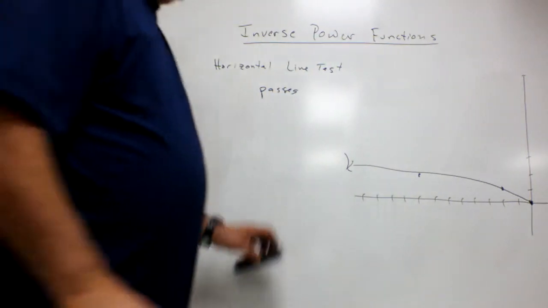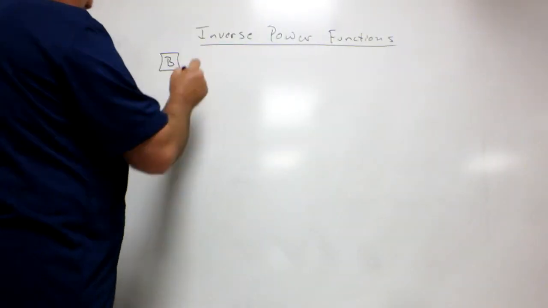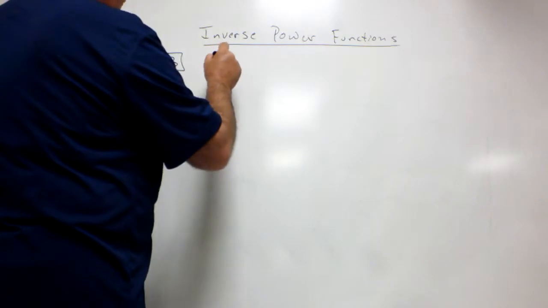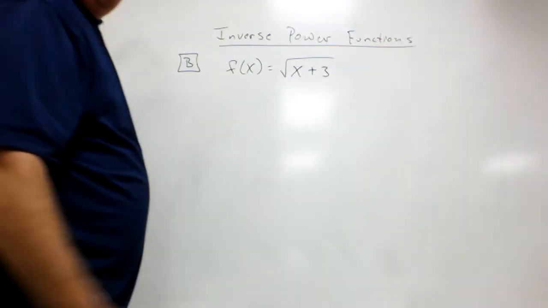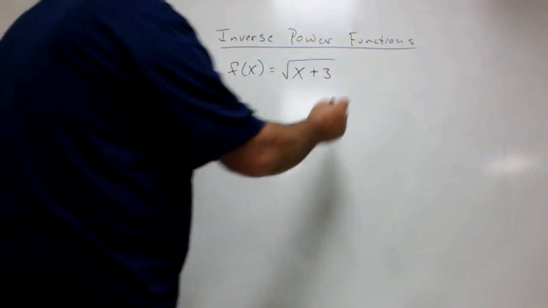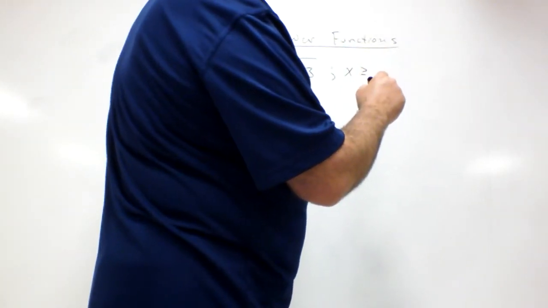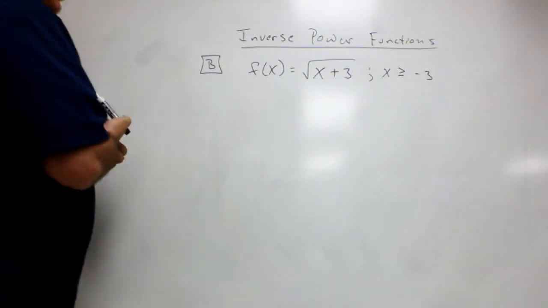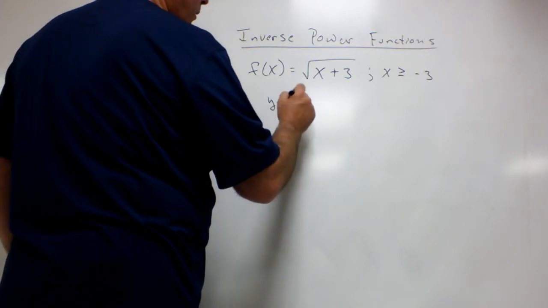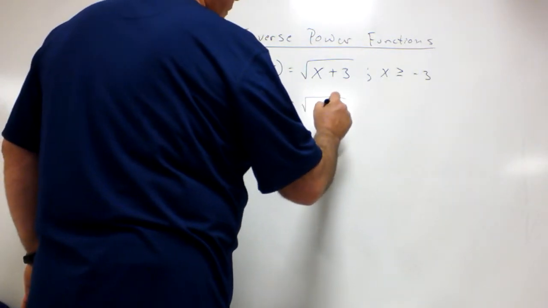Okay, so let's try another one. Let's try letter B. Letter B is f of x is equal to the square root of x plus 3, where we want x greater than or equal to -3. If we're going to find the inverse of this function, we say that y equals the square root of x plus 3.